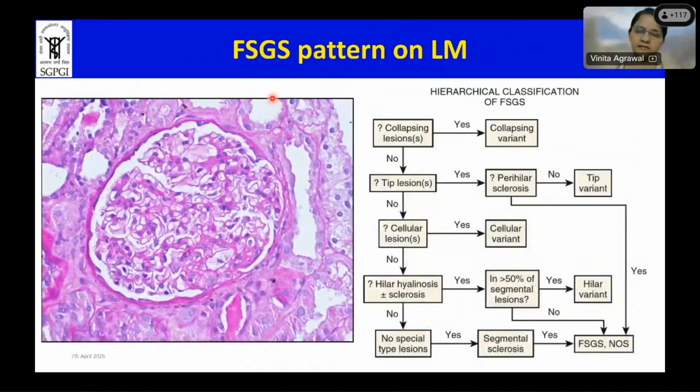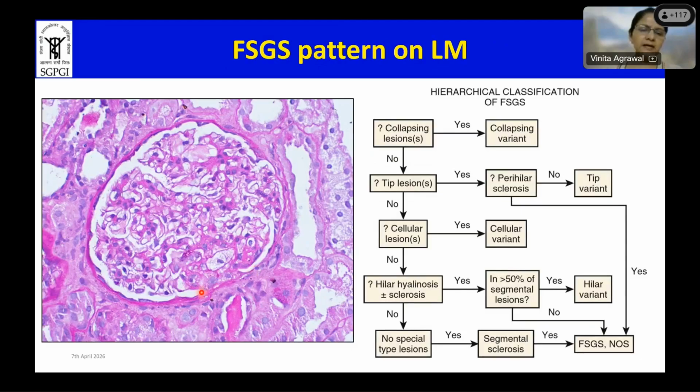So what is FSGS? As I told you, something which is focal, that is involving less than 50% of the glomeruli, and segmental, that is involving part of the glomerulus. So this is a focal segmental glomerulosclerosis because less than 50% of the glomeruli were involved. And this is a segmental lesion where you can see that the capillary loop basement membrane is adhered to the Bowman's capsule.